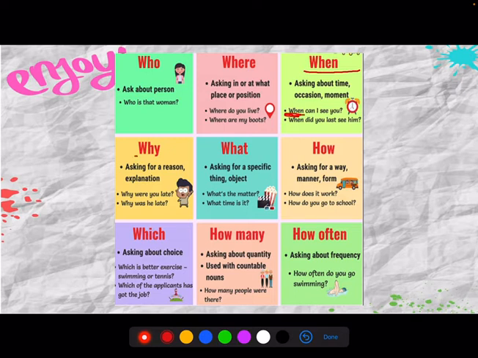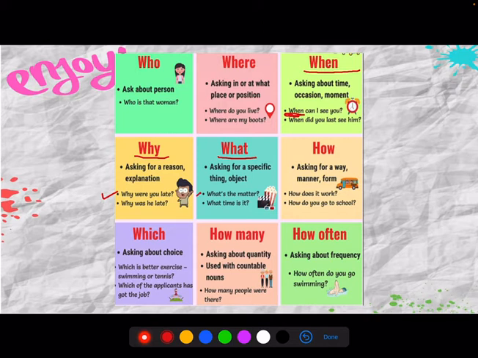And you have why, asking for a reason or an explanation. For example, when you ask why were you late, you need a reason. And you have what, asking for a specific thing or an object. For example, what's the matter? Or what time is it?